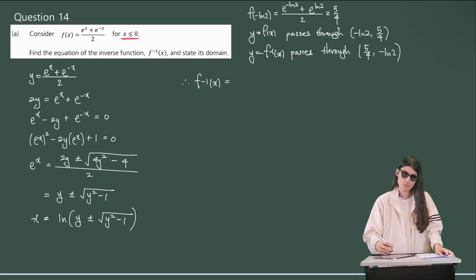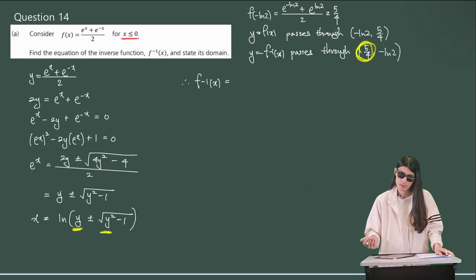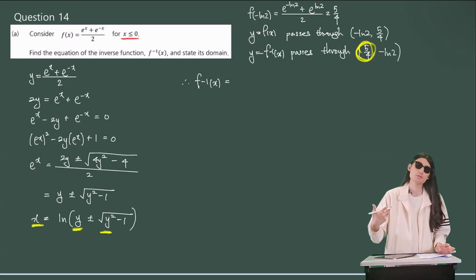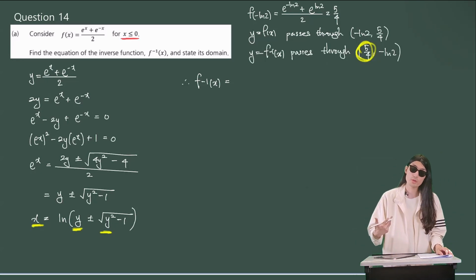So when you substitute in 5 on 4 into the y over here, your x should be negative ln 2 for your inverse function.